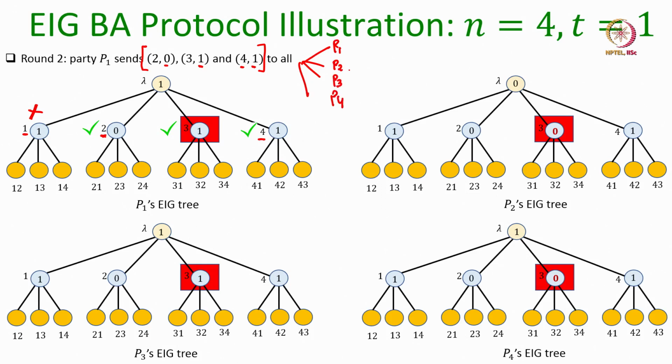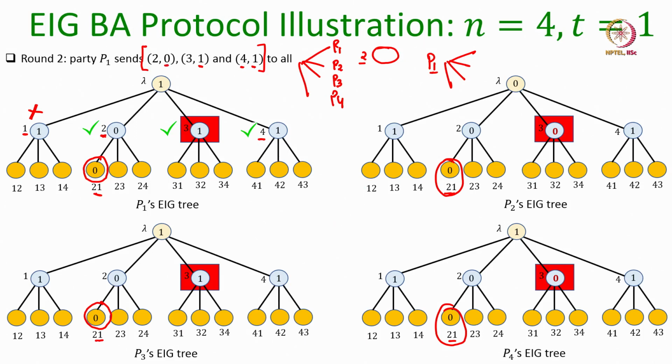Now, based on this message, every party is going to decorate the node with label 2-1 in their respective copies of their EIG tree. Why 2-1? Because party number 1 is sending this information to everyone else regarding the node with label 2. So, 2 followed by 1 will be the node which gets decorated with the value 0.